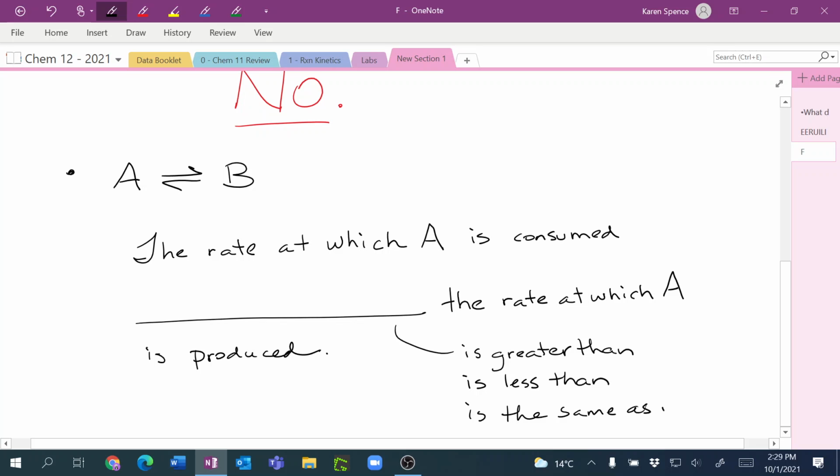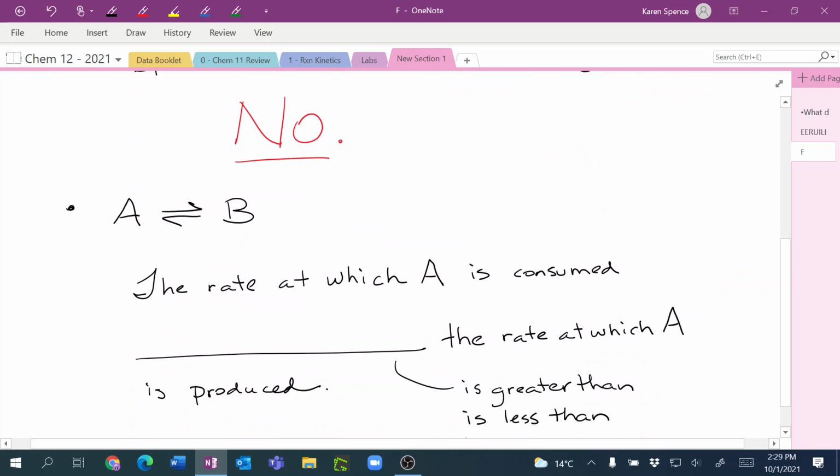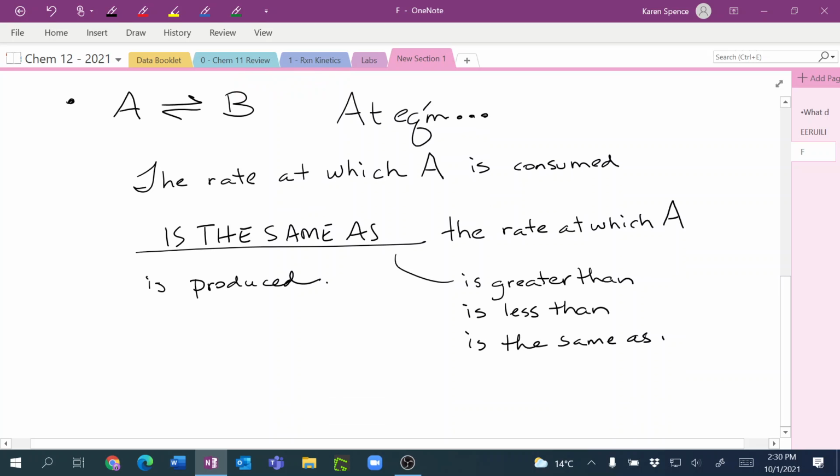Is the same. Why? Because it's at equilibrium and the two rates are the same, right? The two rates are the same, so it will be is the same as. I should say here at equilibrium. EQM is equilibrium, okay?